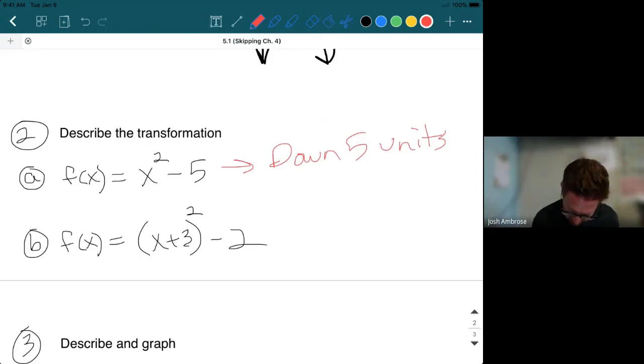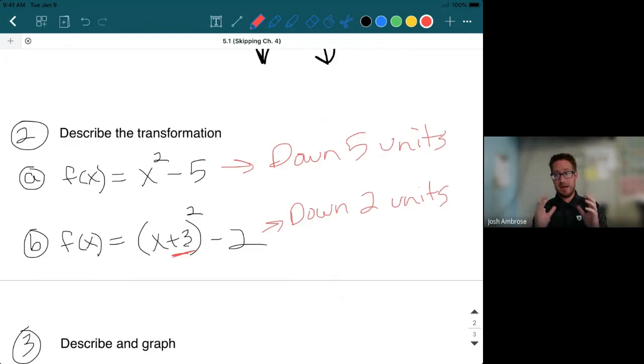So that minus 2 is going to tell us that we go down 2 units. Then you should notice inside the parentheses, right next to x, there's another number here. If it's in the parentheses next to x, that's going to be a horizontal translation.